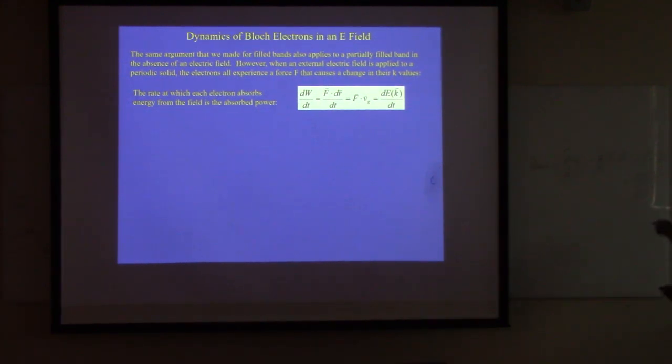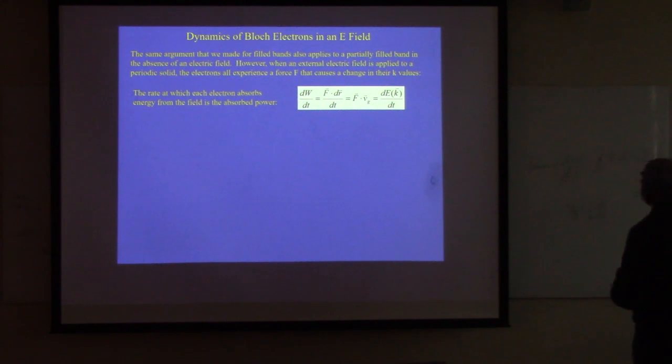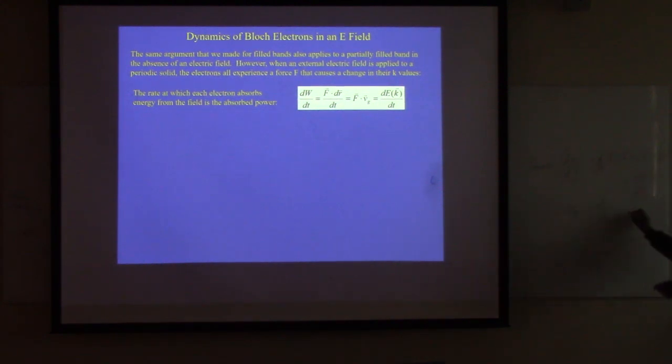So now we know Vg is given by 1 over h cross dE by dk. So that means I can write this one as dE over dk times dk over dt. Is that clear? So dE over dk I can write as h cross times Vg, right, times dk over dt.